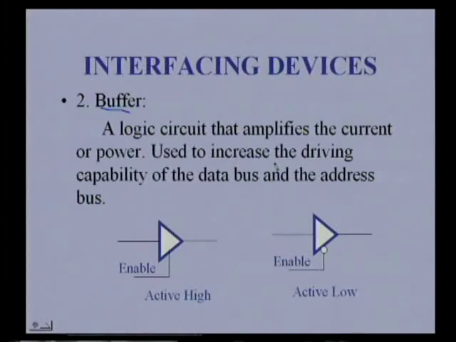It is used to increase the driving capability of the data bus and the address bus. The symbol, without a bubble after the triangle, is for a buffer, and it has a third line, the enable line. We can have either active high enable or active low enable. This is a very important interfacing device.